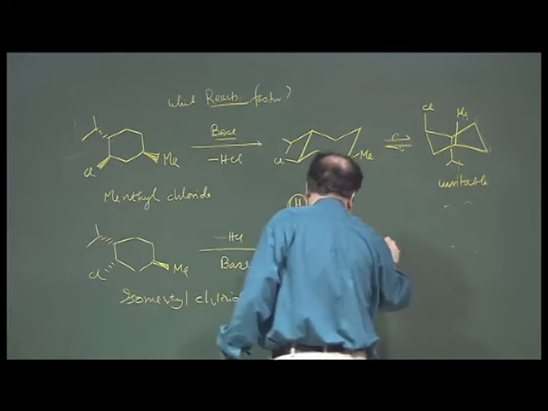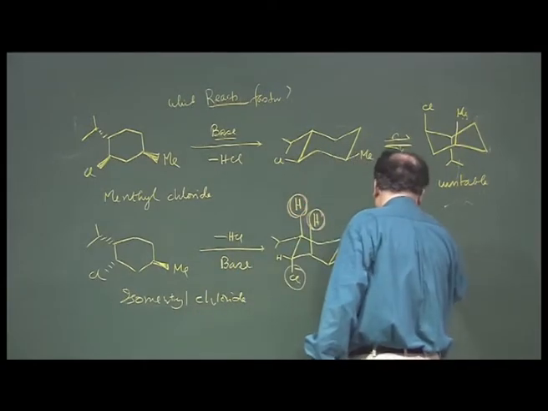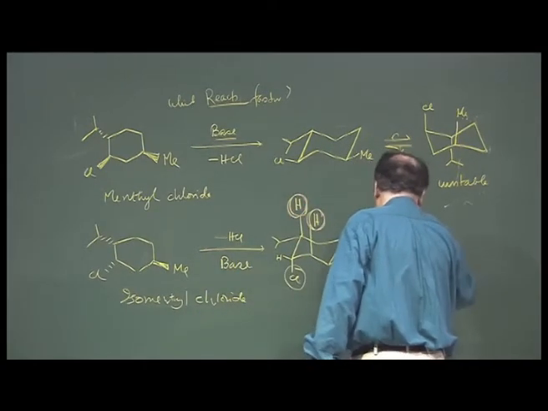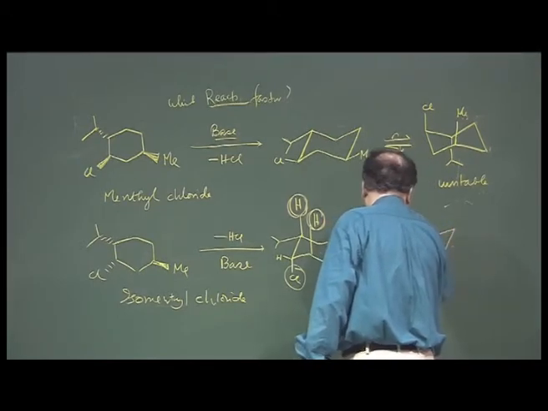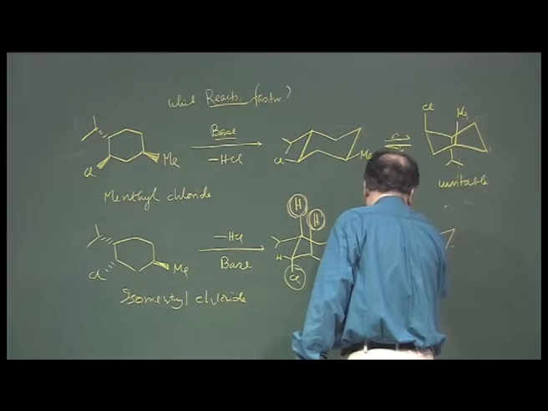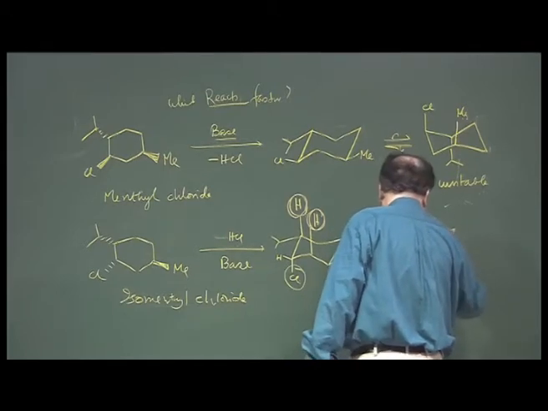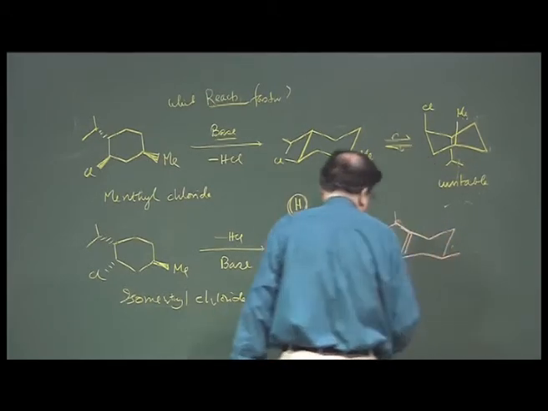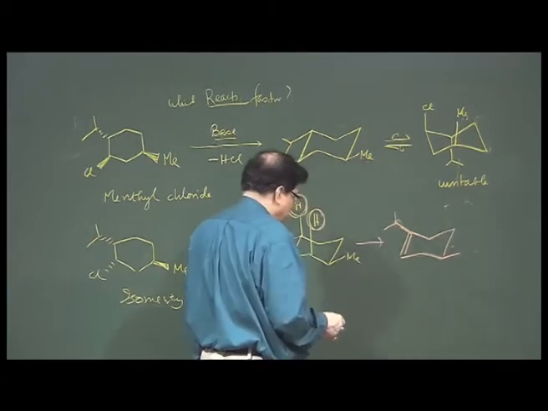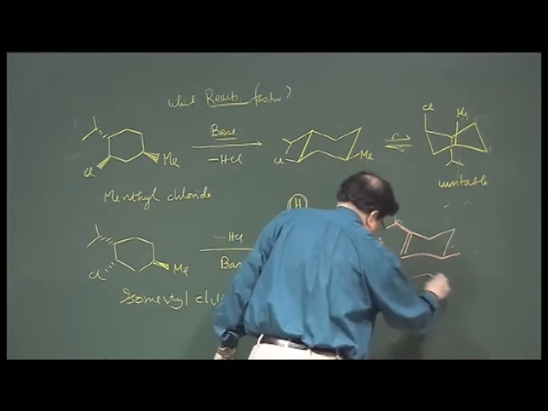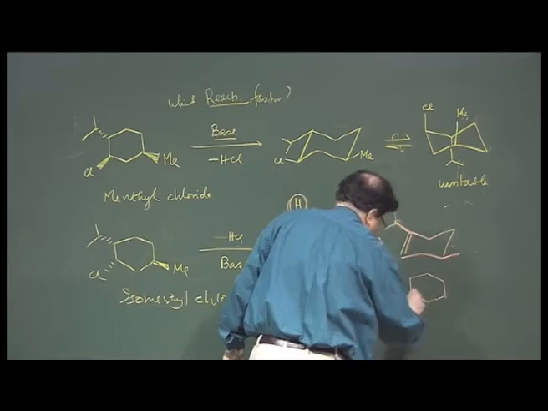So, either this HCl can be eliminated, or this one can be eliminated. So, basically you get two products. One is this one, this is the isopropyl and this is the methyl. Of course, here alpha beta, it is not in the chair form, so you can write it in the cyclohexane.